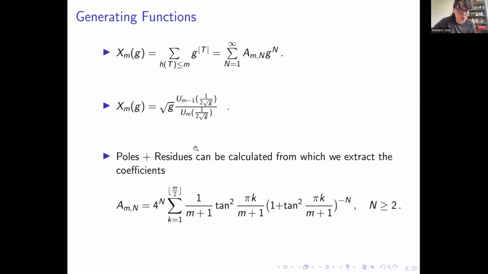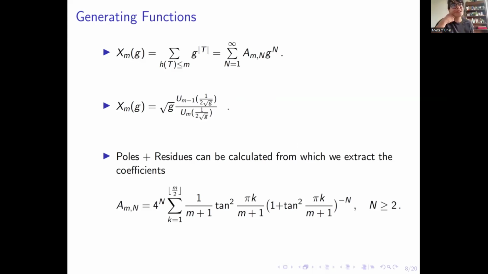We actually know the exact solution to this problem. We know the explicit form of these generating functions, x_m of g as a function of g. These are Chebyshev polynomials of the second kind, and their behavior is well known. These functions have poles whose corresponding residues we can calculate.